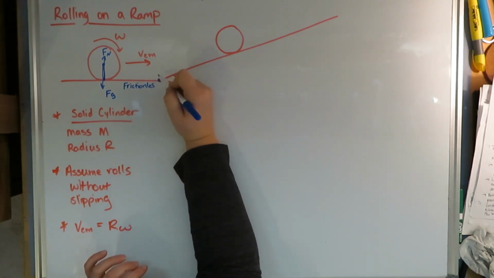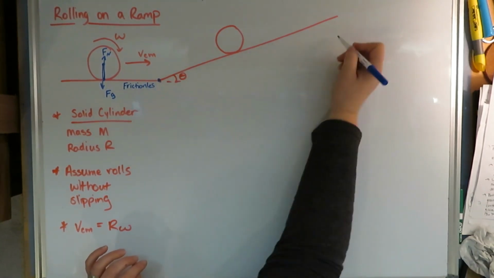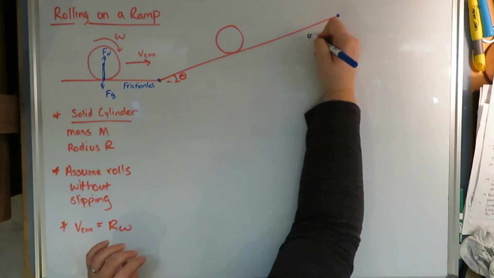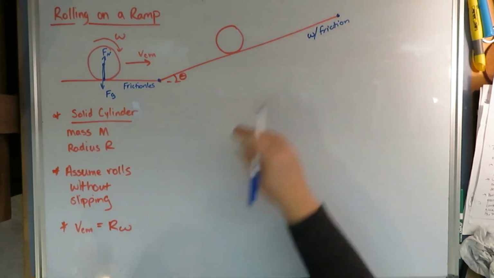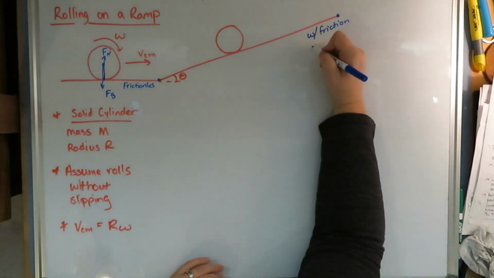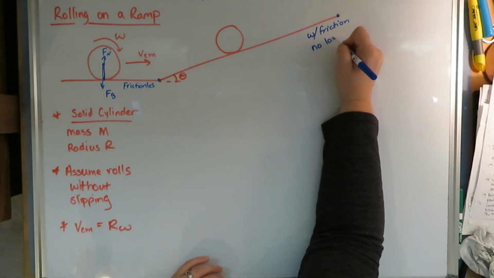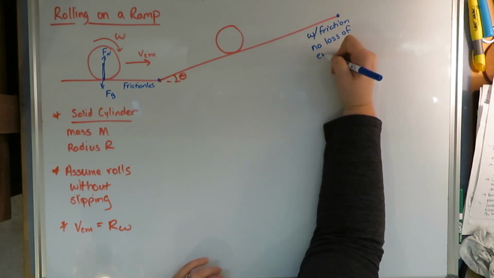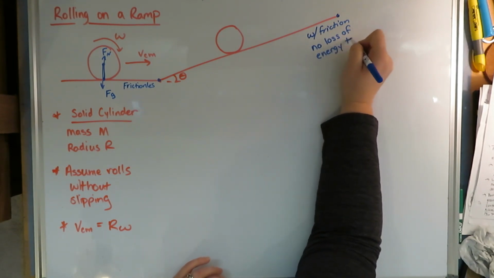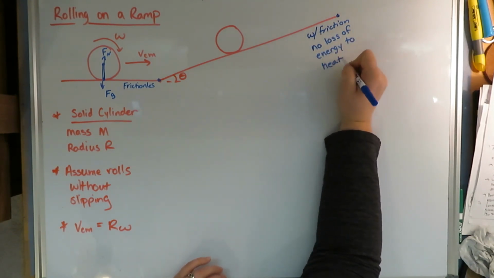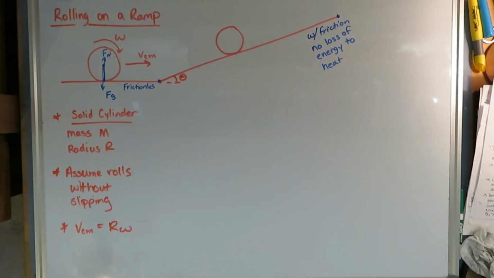But when we hit this surface, we're going to assume that this surface here has friction. But in order to roll without slipping, we assume no losses of energy to heat. So basically our mechanical energy would still be conserved.